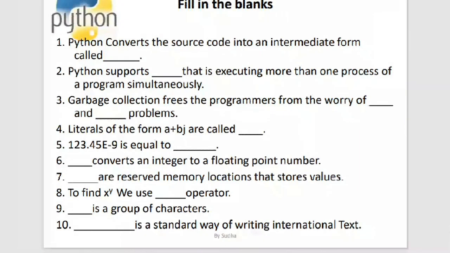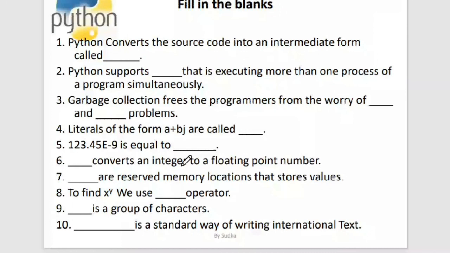Float function. Typecasting. Okay, type conversion. So implicit conversion is there, no? In the implicit conversion, if there is an integer with a floating point number, the integer will be converted to a floating point number.